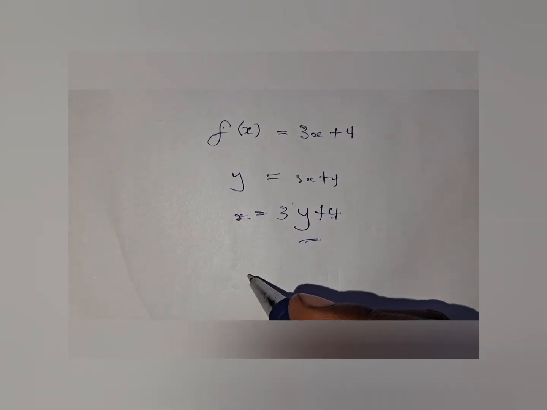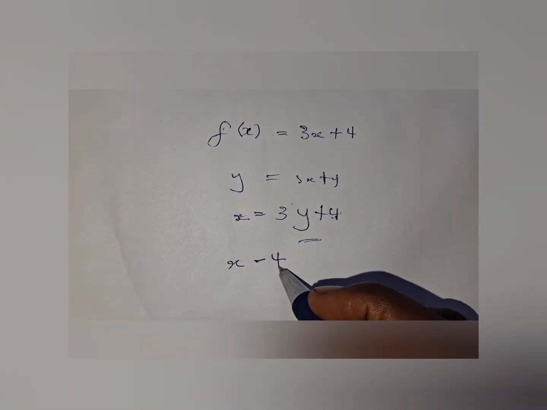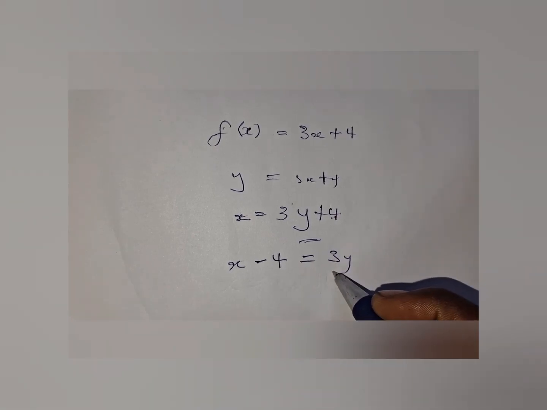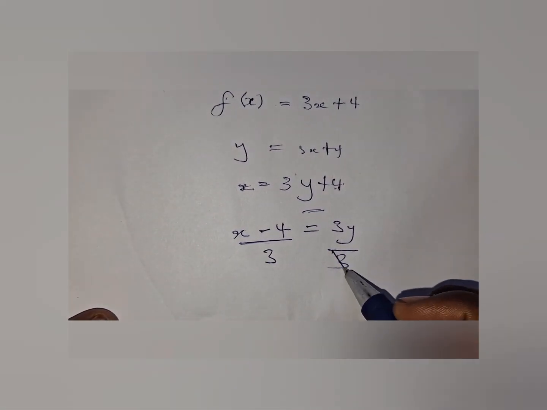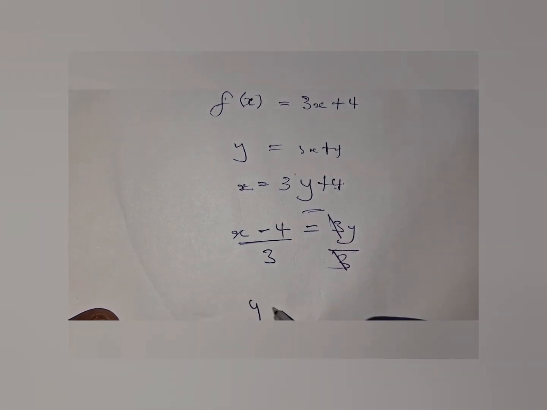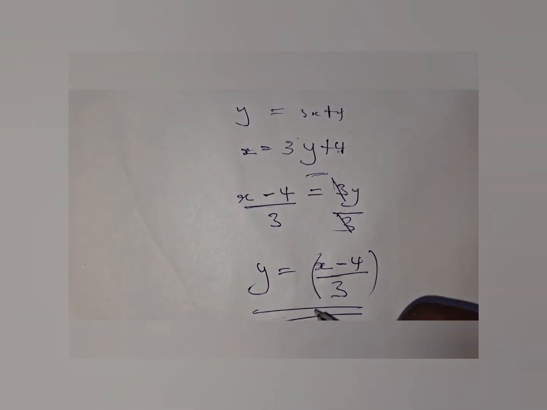Now here we take 4 to the other side, it becomes negative 4, so x minus 4 is equal to 3y, and after that we are going to divide everything by 3. After dividing everything by 3, we have x minus 4 all over 3 as your y. This is going to be your inverse.